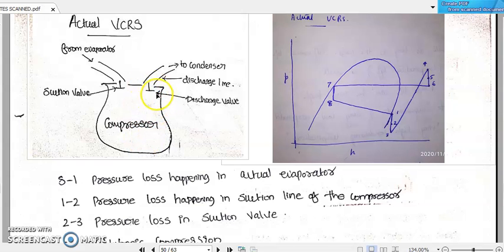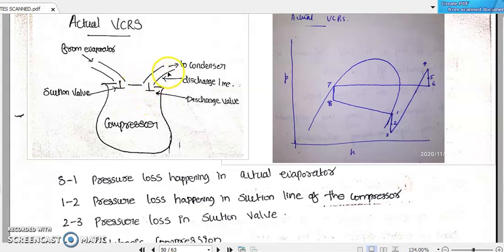Then immediately after this compression process comes the discharge valve, as the refrigerant needs to be discharged towards the condenser through another piping circuit. So just before it leaves the compressor, there will be a discharge valve. Again it will be an opening and closing valve. Definitely there will be some friction loss and pressure loss happening at this discharge valve.